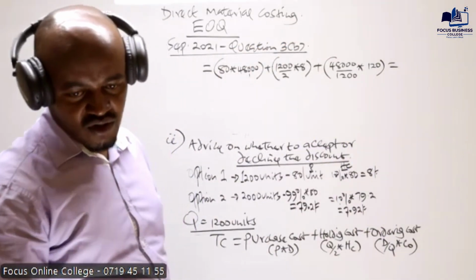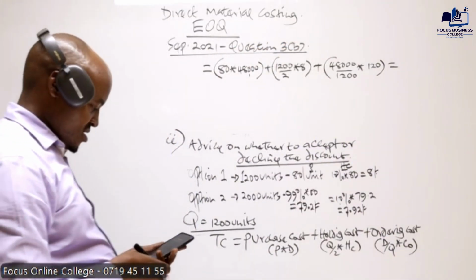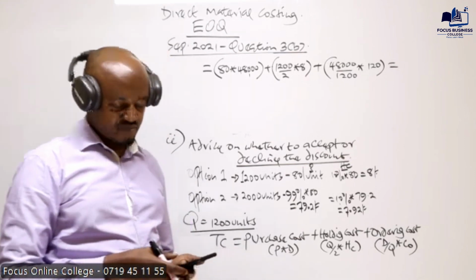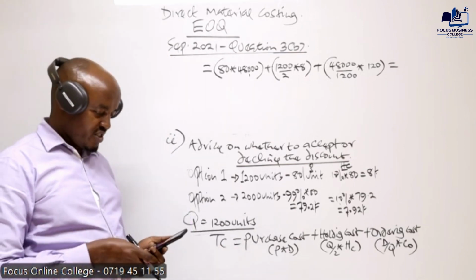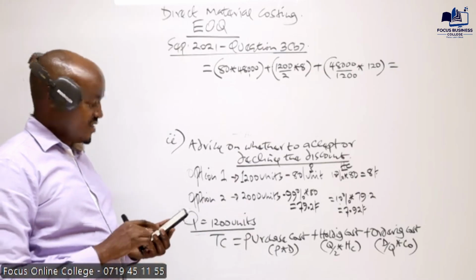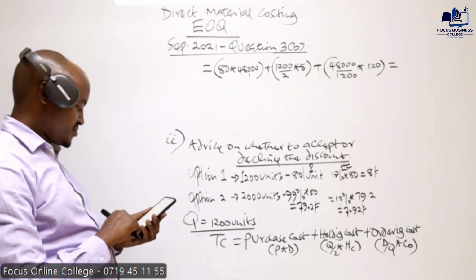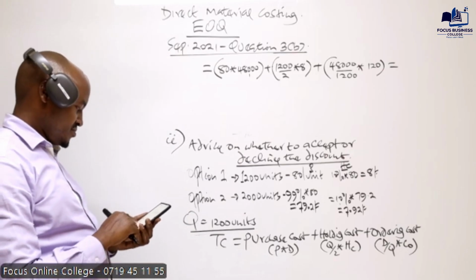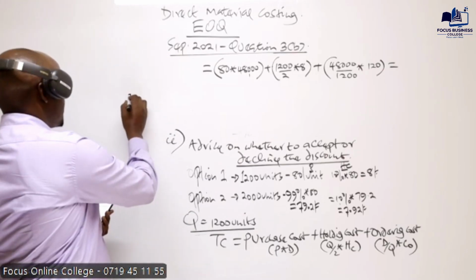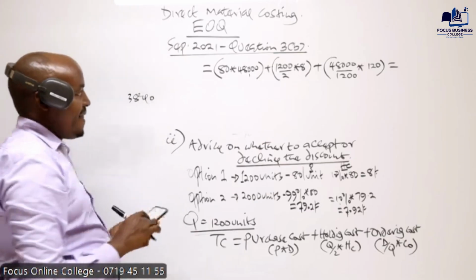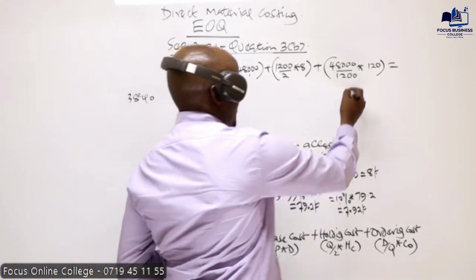Let's get the total cost associated with that order size. What will be the total cost associated with that order size? What are you getting here?